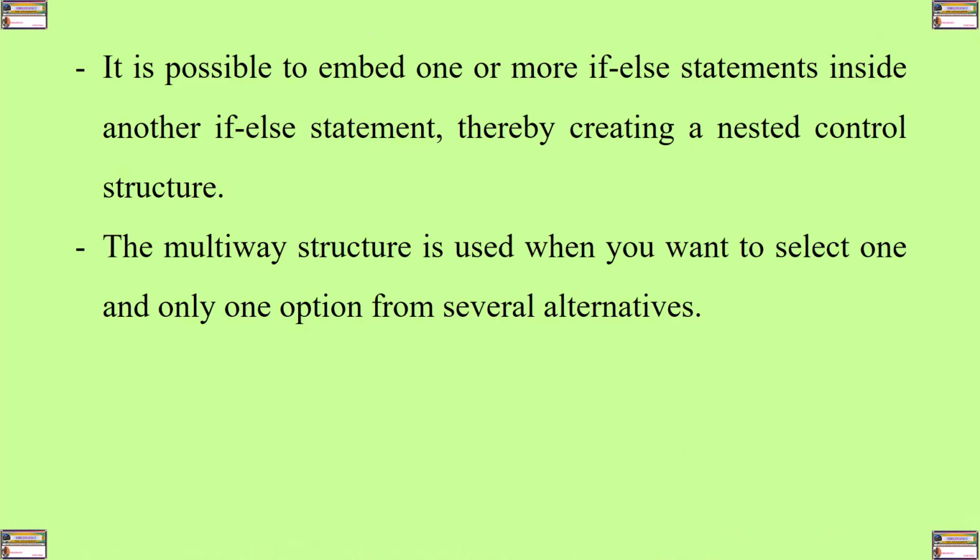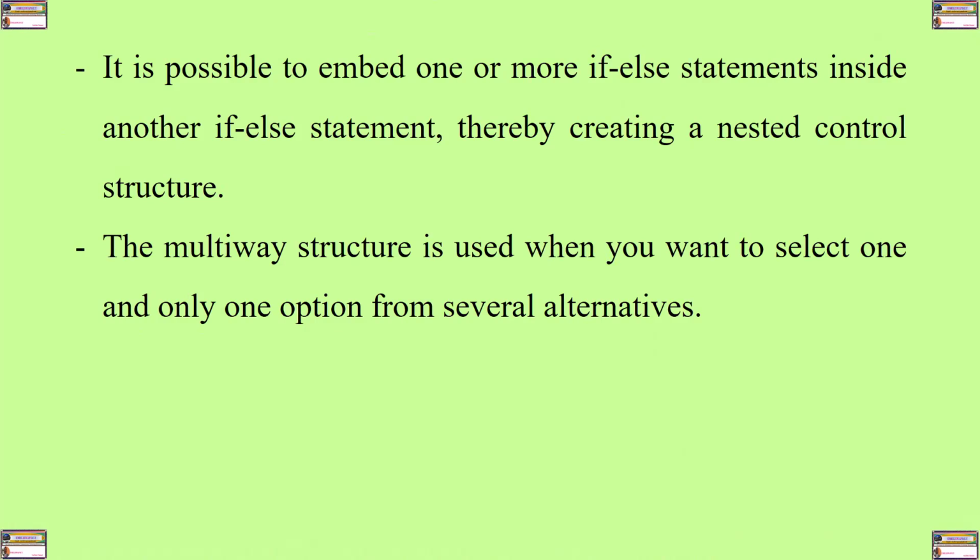The modular structure is used when you want to select one and only one option from several alternatives. In other words, my dear students and the rest of the learners, in real-life situations, you may have several alternatives to take, but only one alternative will be taken at any given time and not more than one.